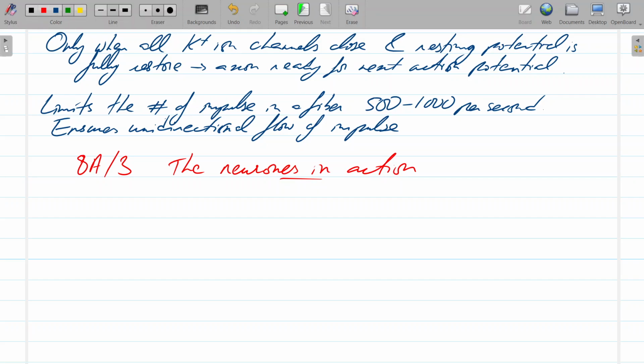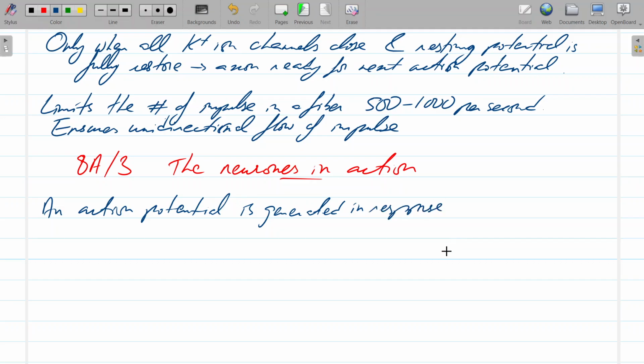So what happens when an action potential is generated in response to a stimulus? And so it's not generated immediately throughout the length of the fiber.